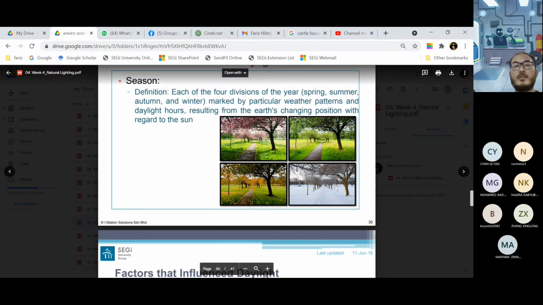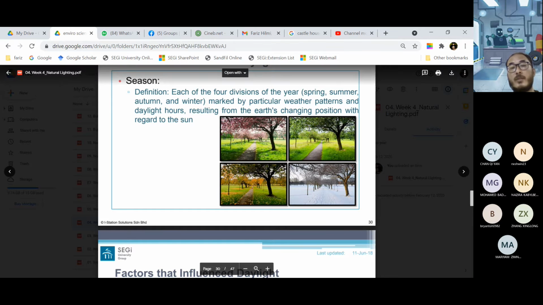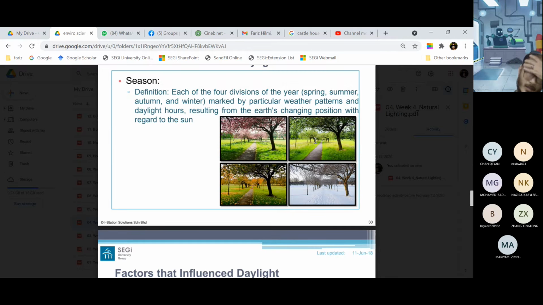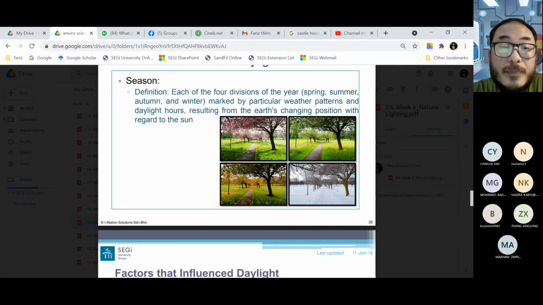Same photo, different season, you can see different activity, different people coming in and out. And then you can see the different colors mostly. For example, in the winter, you can see it is fully white because of the snow. But when you can see at the top left, is the spring.